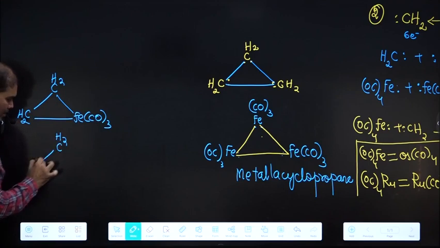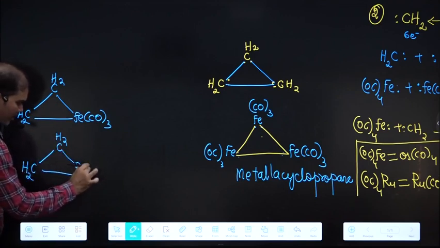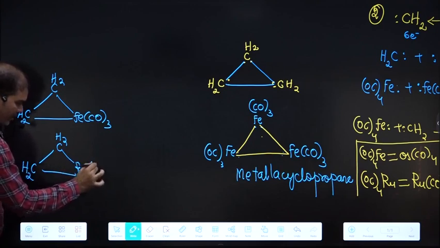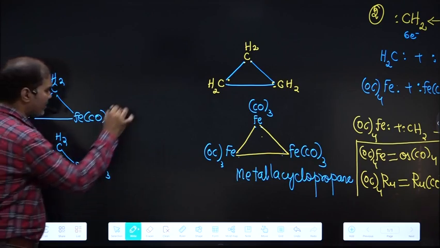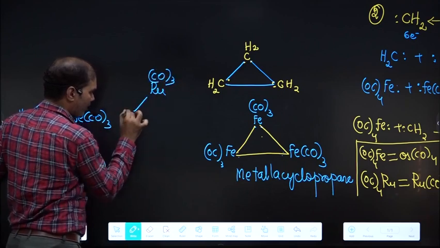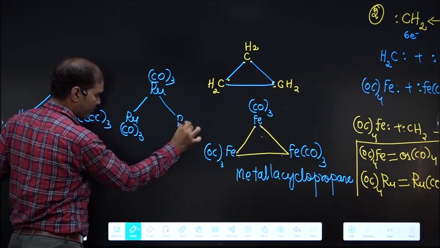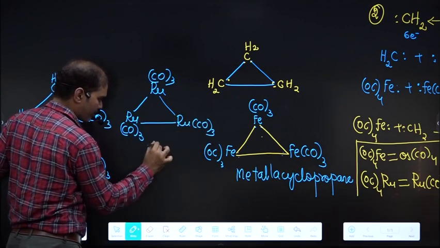Or iron is isolobal with ruthenium. So Ru(CO)3 is also expected. This structure also can be prepared. Or I can prepare... is it present?